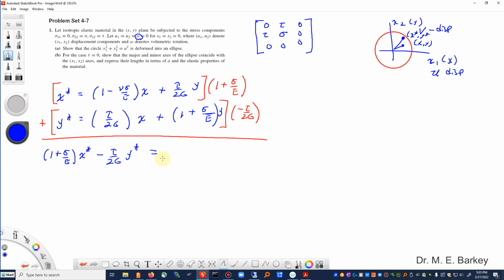That's going to be equal to 1 minus nu sigma over E, 1 plus sigma over E times x, plus tau over 2G times 1 plus sigma over E. It's going to cancel out with minus tau over 2G times 1 plus sigma over E. All right, so I'll go to this term here.